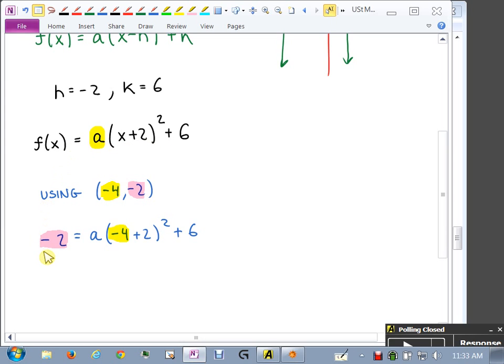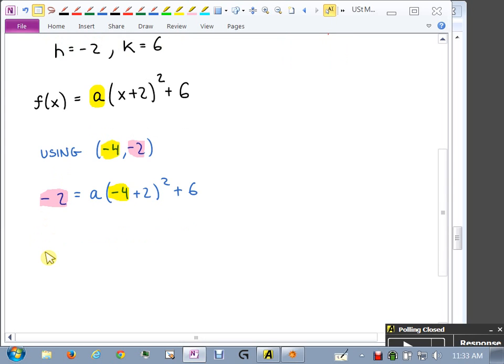Right here to here? Okay. Now let's just clean this up. Order of operations. You do this first, that's negative 2. You square it, you get 4, right? So we have negative 2 equals a times 4, which is 4a, plus 6.